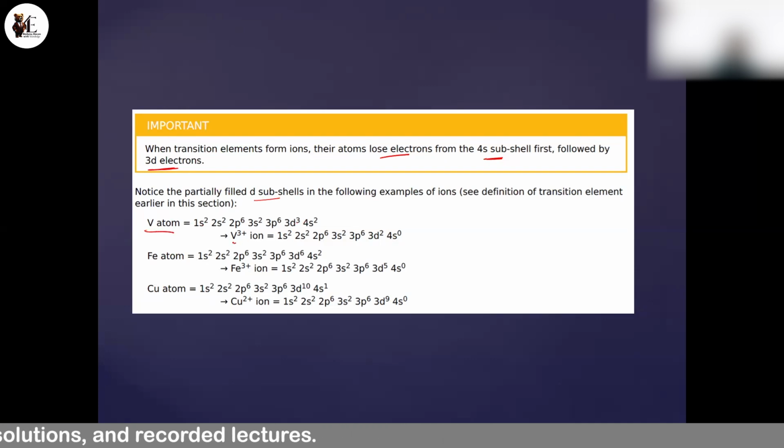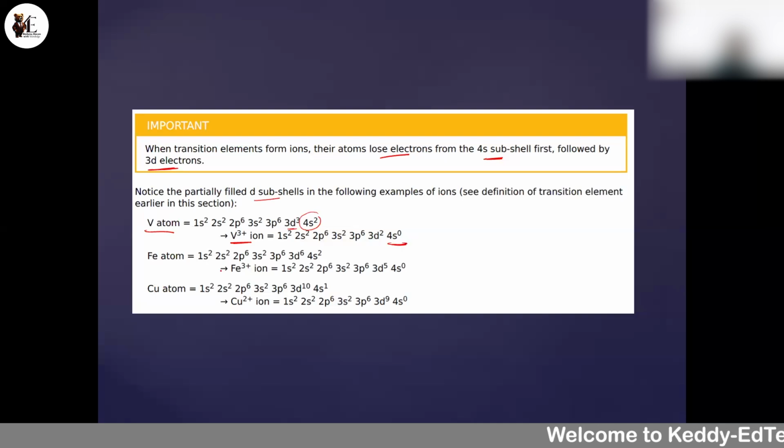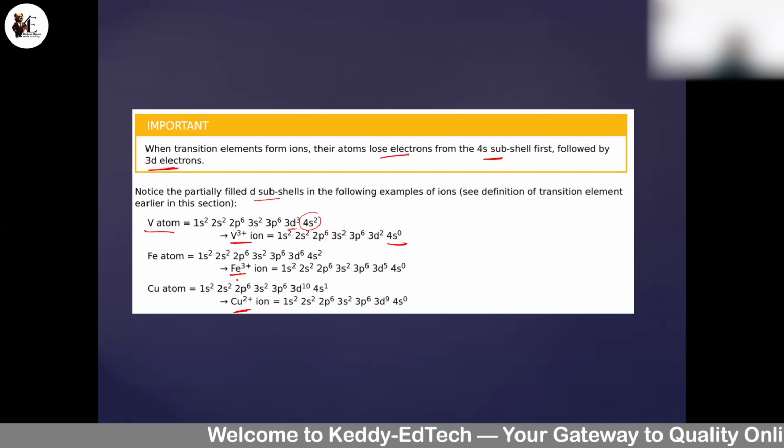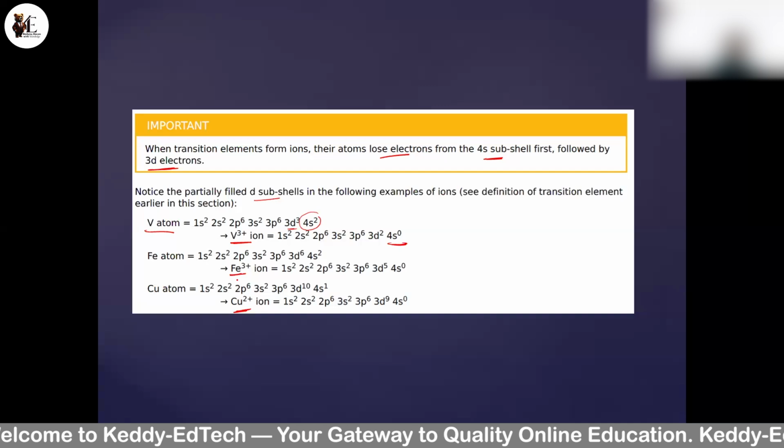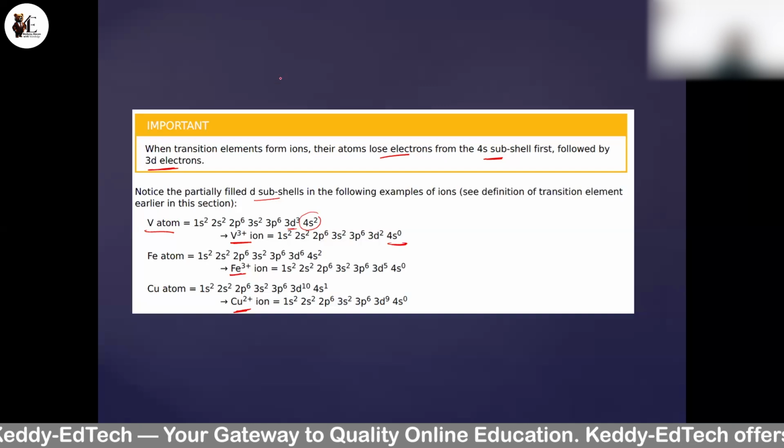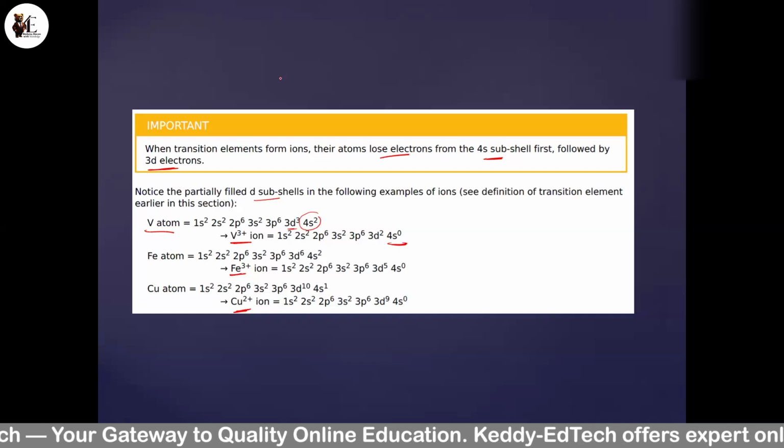To write the configuration of vanadium 3+, 2 electrons are lost from the 4s2 and 1 electron is lost from the 3d orbital. Similarly, write down Fe3+ for the Fe atom, and copper 2+ for the copper atom. What you have to remember: first lose the electron from the 4s subshell, and after that lose the electron from the 3d subshell. Write it down.